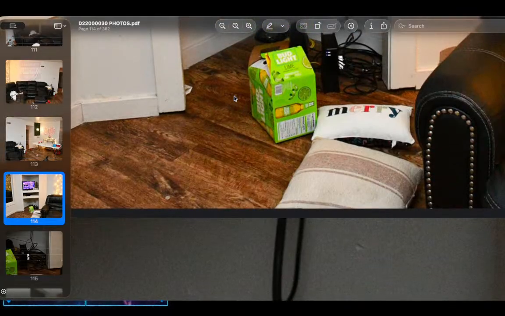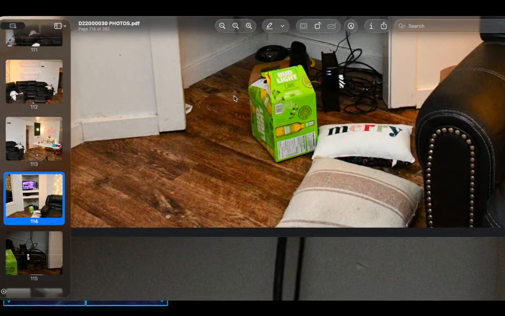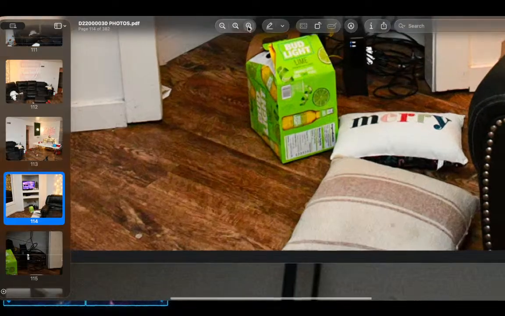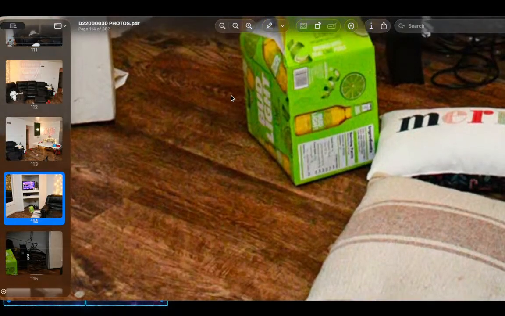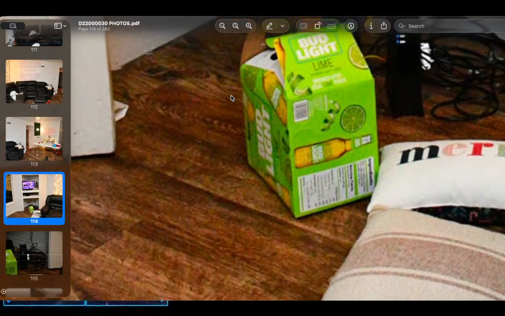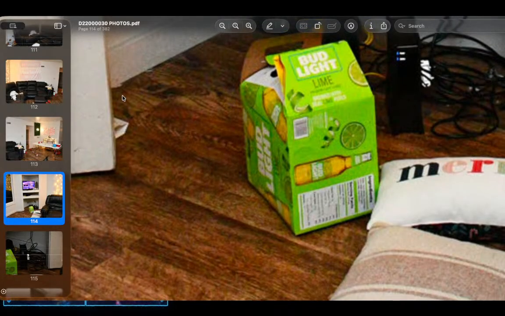Oh, looking over here too. Is it red on the floor too? It is. Over here too.